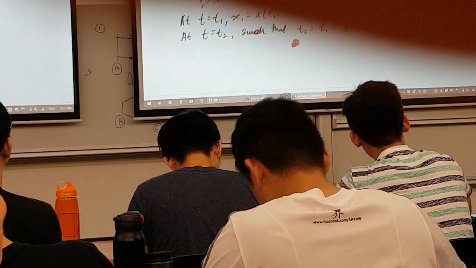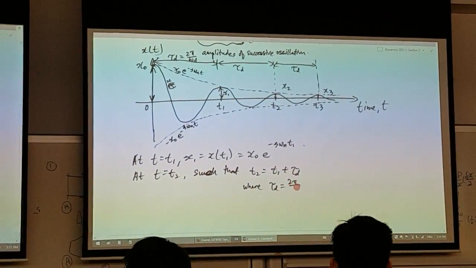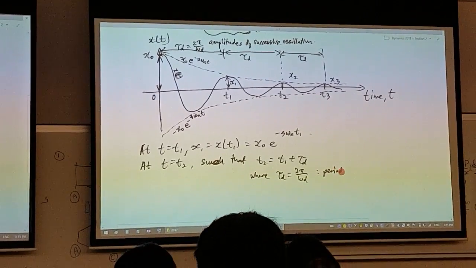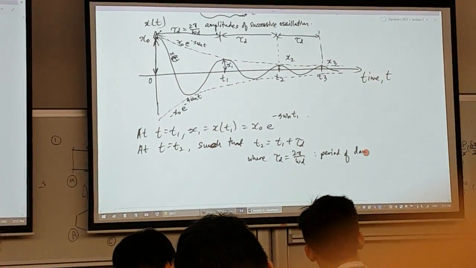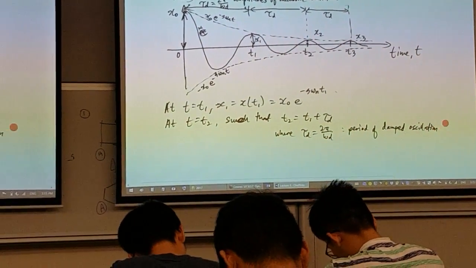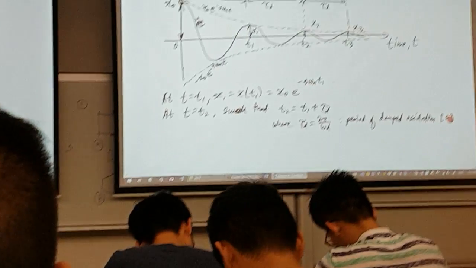Where tau d is equal to 2 pi over omega d, and this is your period of oscillation. And the unit for tau d is seconds.